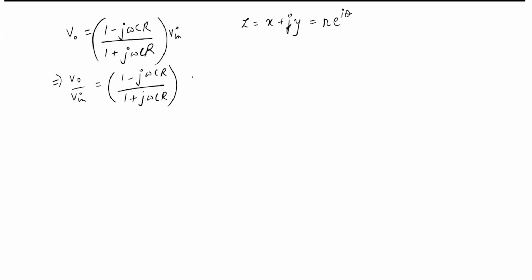So what I'll do is I will write this in the polar form like this: square root of 1 plus omega CR whole square, into e to the power minus j theta, and e to the power j theta. Is it fine?